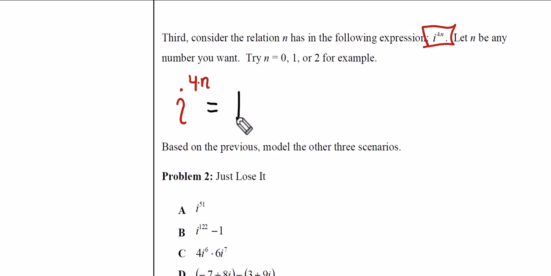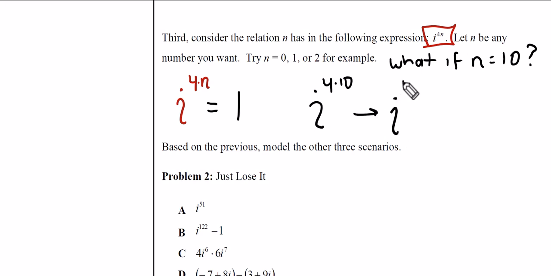In other words, what if n equals 10? If I plugged in a 10, that's i to the 40th power, and based on this, i to the 40th power is 1. You don't have to do what we did in the previous video and develop all of the ideas and break down all the exponents. What we're telling you now is that i to the 40th is 1. i to the 4 times n is 1.